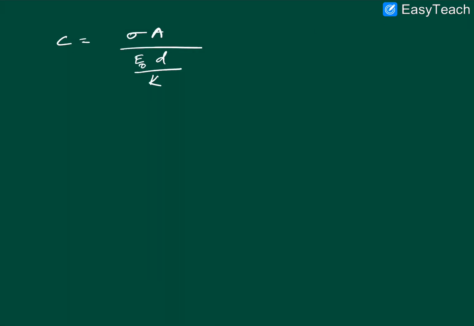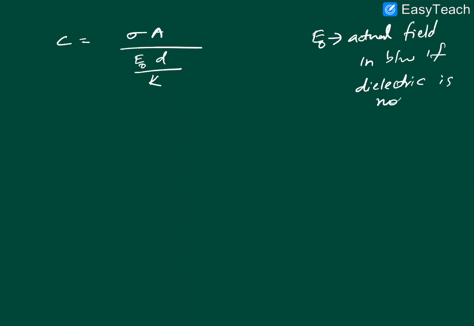Now you know what is E0. E0 is the actual field in between the plates if dielectric is not there, or we can say in air. And you know that E0 value between two metal plates, we applied Gauss's theorem in the first chapter, and you got it as sigma by epsilon 0. So E0 is sigma by epsilon 0.